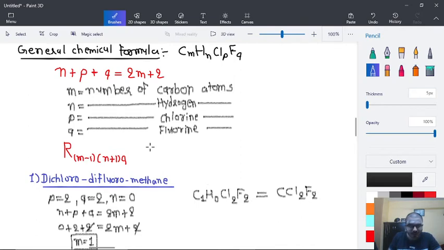Now regarding the nomenclature part, so let us write down the answer now.